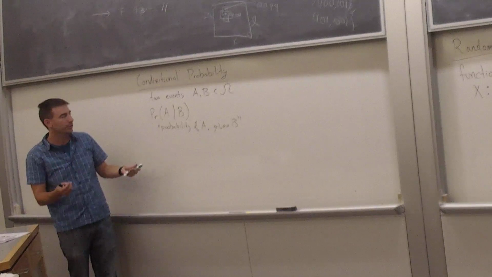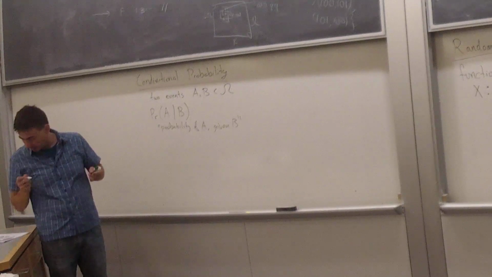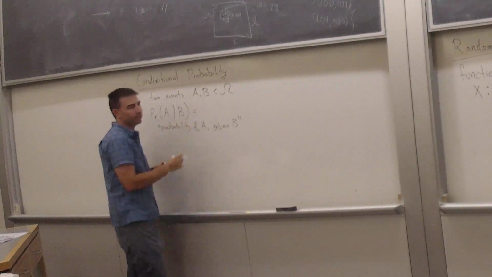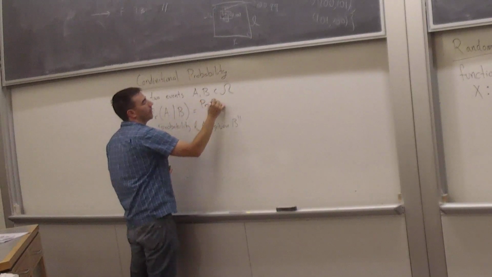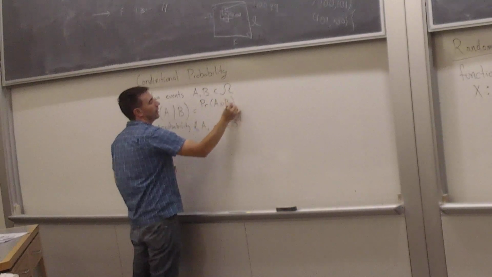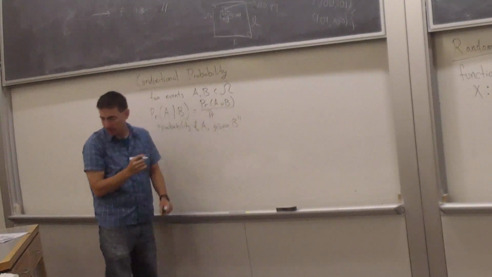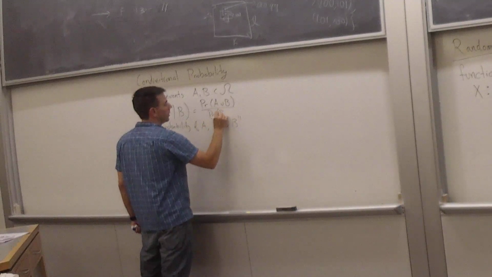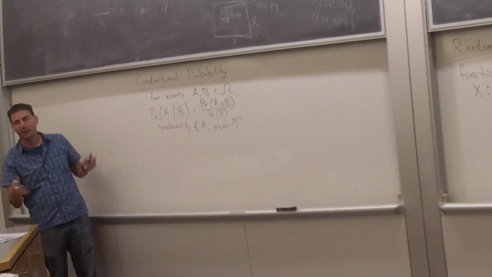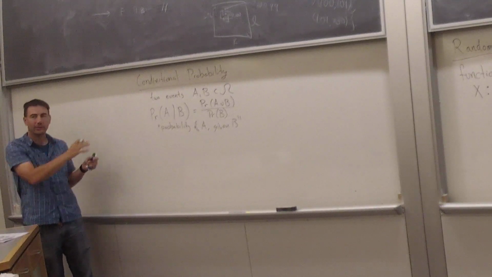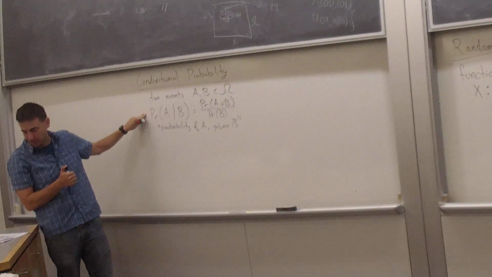So I'm going to assume the knowledge that B is true, and then I can tell you something about A. And so it turns out I can write a definition of this in terms of set operations, which is probability of A union B. That means A and B have to be true, divided by the probability that B is true. So I can write this using algebra and the set operations. This is a definition of the conditional probability.